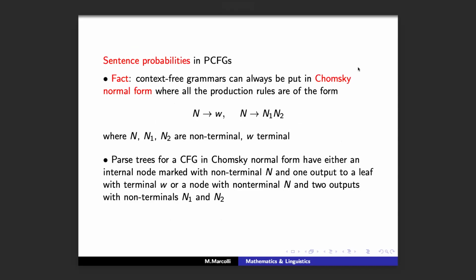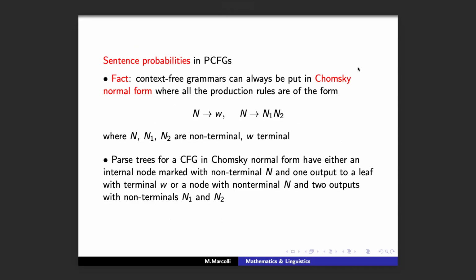And in particular, for context-free grammars, one of the earlier results in the general theory of formal languages is that one can always put the production rules in a particular form. In general, as I was saying before, you should think of the production rules of a context-free grammar as something like the presentation of a group.